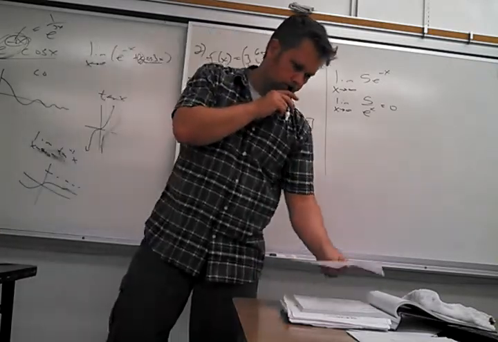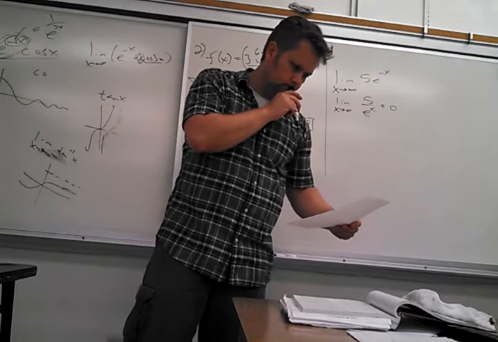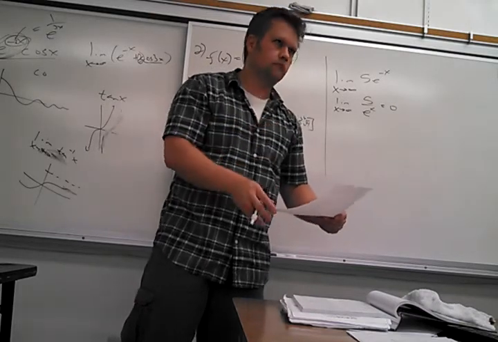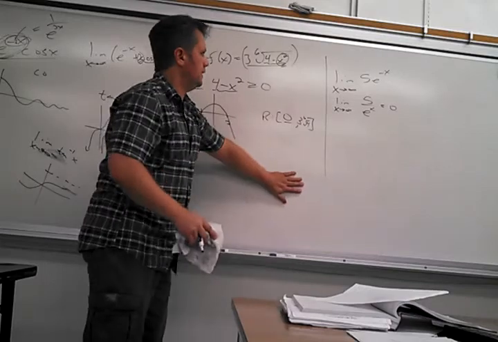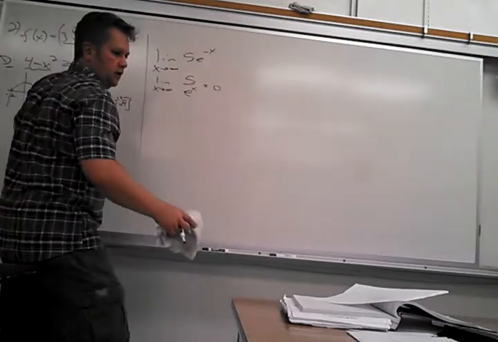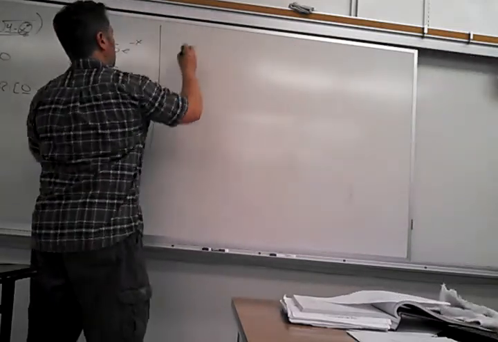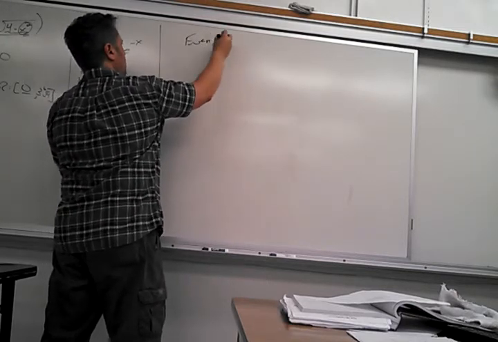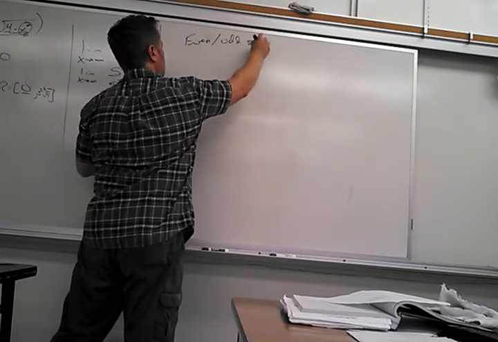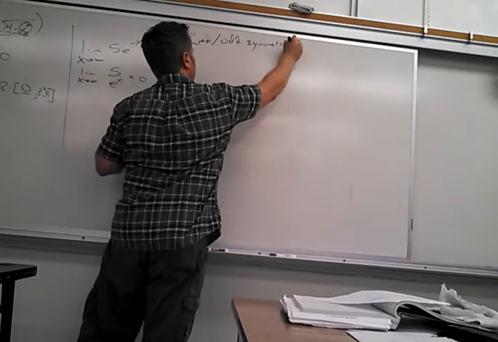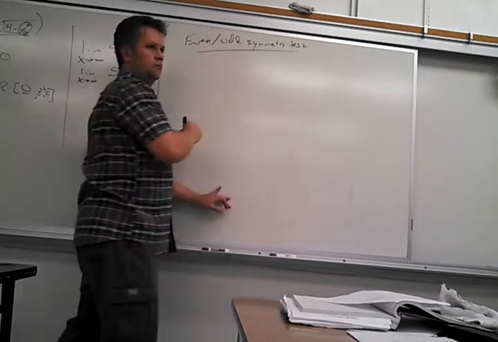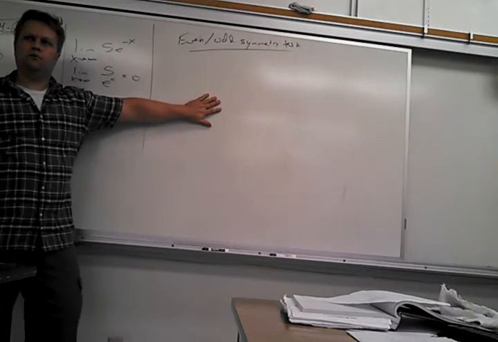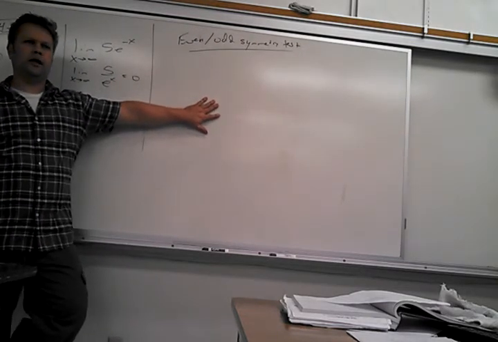Okay, so number 2D, is it about even and odd functions? So what is the test you do to check even and odd symmetry? What's the one thing you look at to see what kind of symmetry it would have?